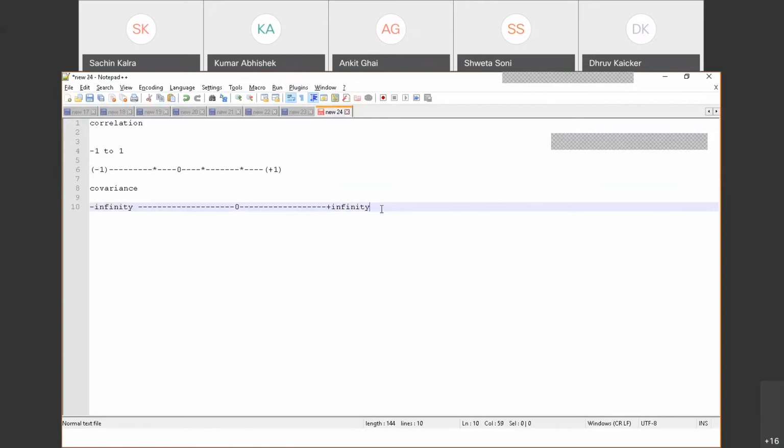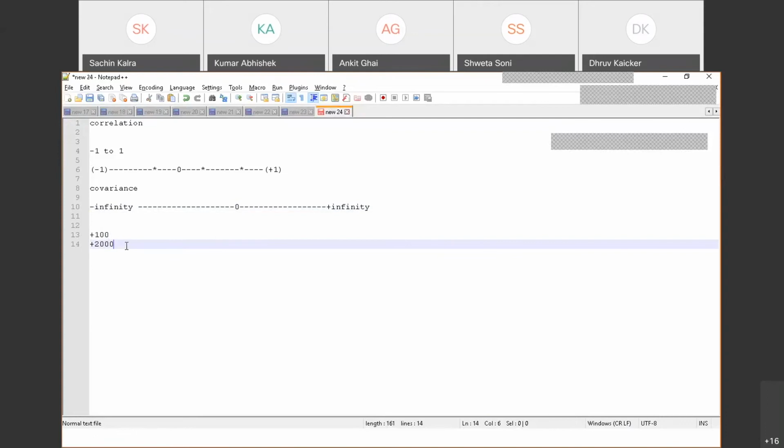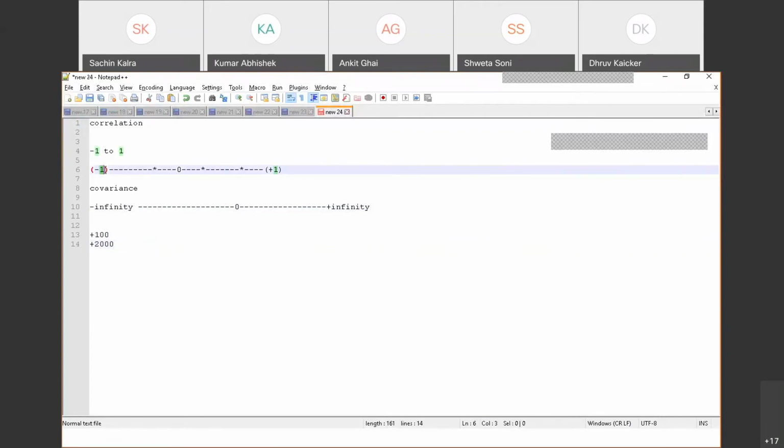But one drawback for covariance is, suppose two quantities have a covariance of 100 and two quantities have a covariance of 2000. Do we say that these have a high degree of association, these have low? And which value is considered the topmost value? In correlation we have a maximum of 1 and a lowest of -1. But in covariance we have infinity, and infinity is not a defined unit.